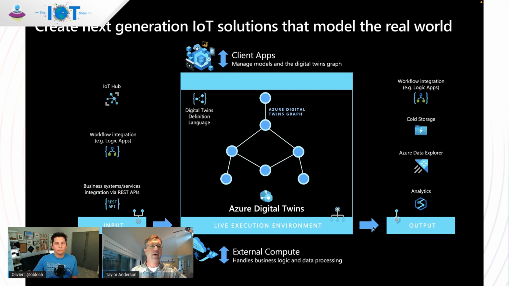So client apps want to traverse the graph, traverse hierarchies, or look at the state of individual twins. And then one of the other things we can do from Azure Digital Twins is trigger events, such as when twins change, and those events can be used to trigger downstream services, or we can even exhaust twin changes and historize that to services like Azure Data Explorer.